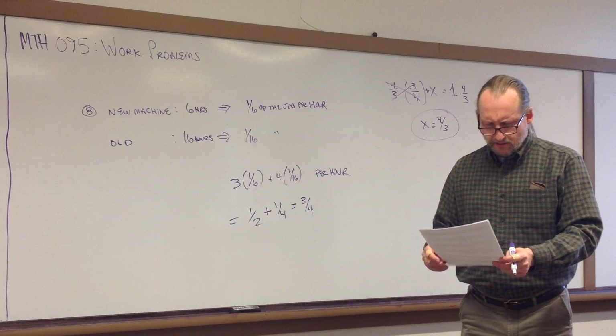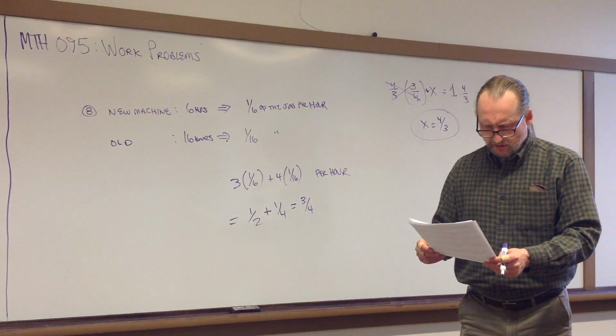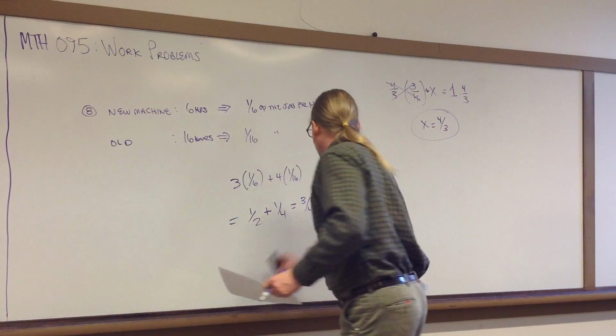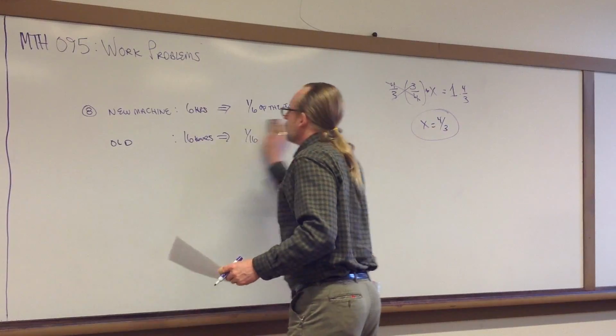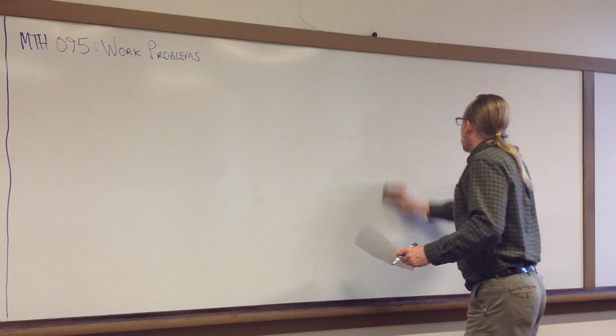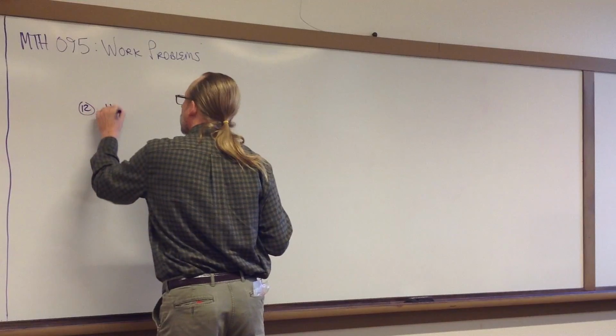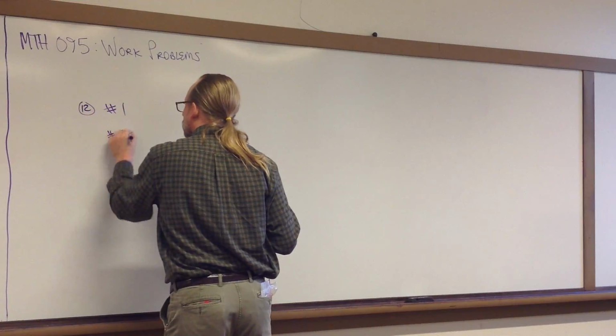All right. Let's see here. Well, let's look at problem 12, and then that'll be it for these. So, problem 12, we've got 4 water spouts.